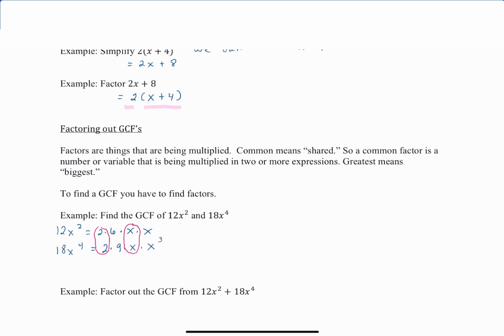So we could say 2x is a common factor. However, it's not the biggest common factor. It's not the greatest common factor.